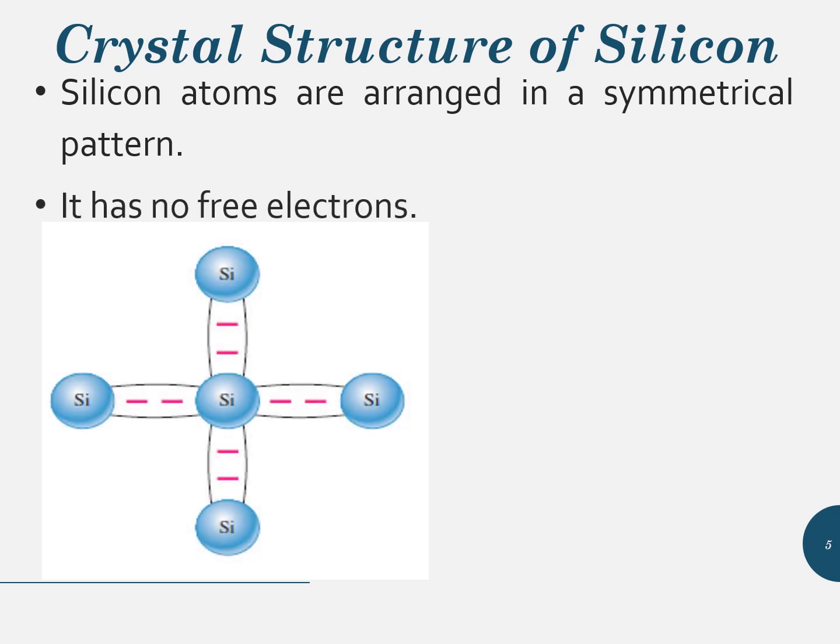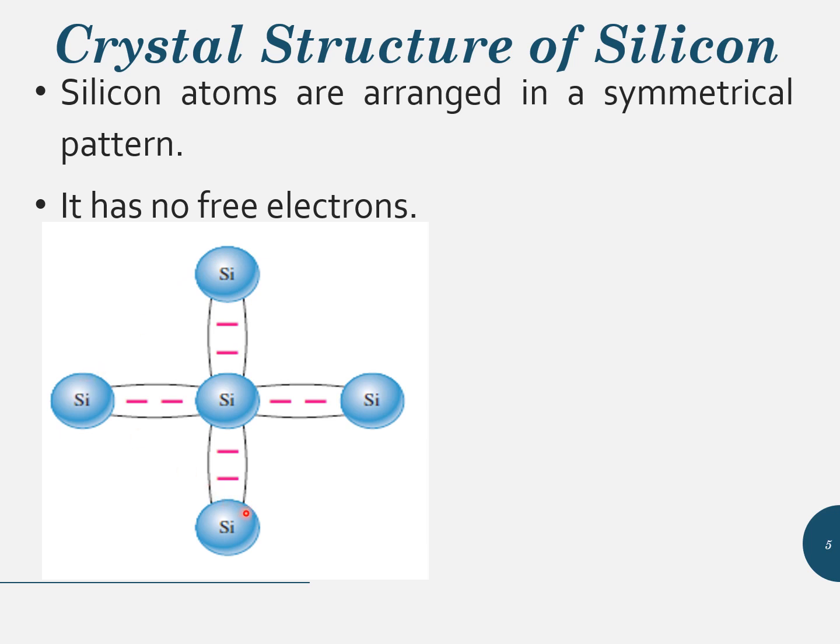Now, look at this figure. It shows how each silicon atom positions itself with 4 adjacent silicon atoms to form a silicon crystal. A silicon atom with its 4 valence electrons shares an electron with each of its 4 neighbors.